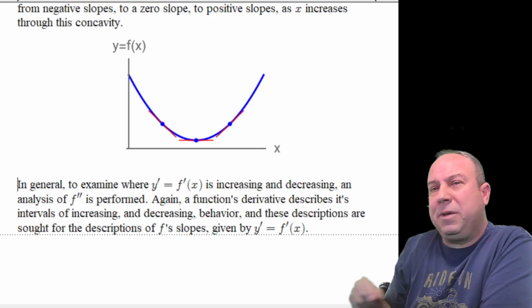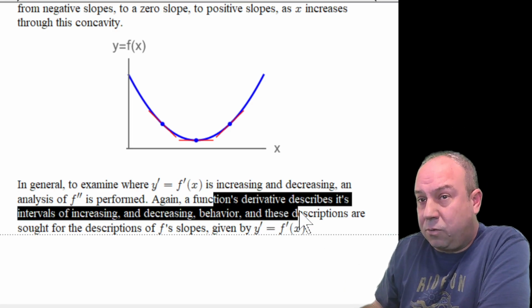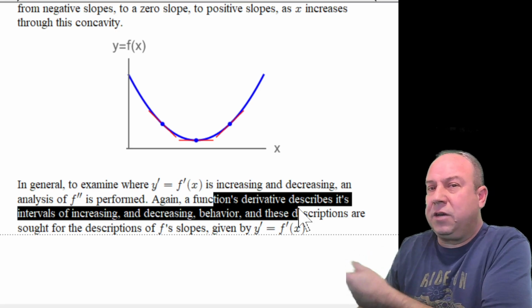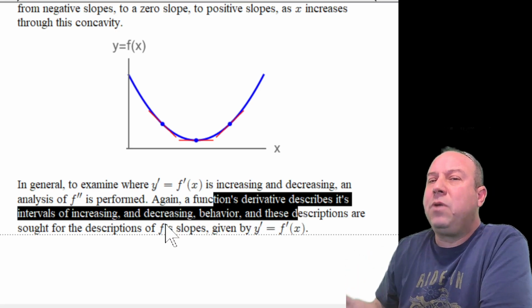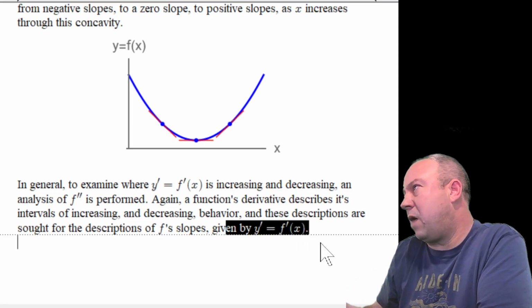And again, because a function's derivative describes its intervals of increasing and decreasing behavior, and we want to describe that for slopes given by y prime or f prime of x.